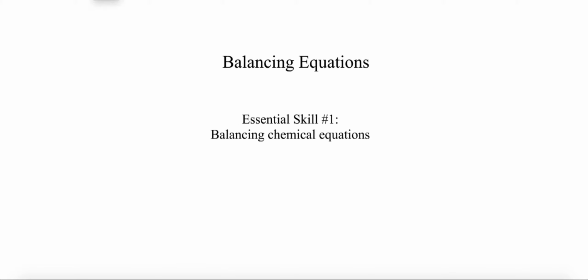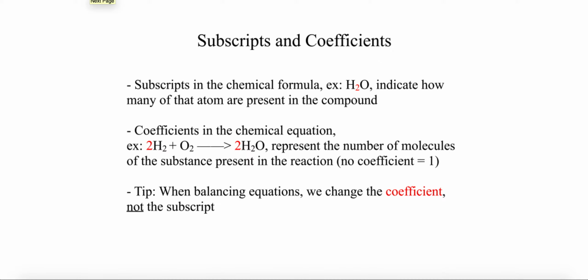Now let's take a look at how exactly we balance reactions. One really important thing to remember when balancing equations is the difference between a subscript and a coefficient. We have seen plenty of chemical formulas up to this point. The subscripts, those tiny little numbers in the formula, indicate how many atoms are present in that substance.